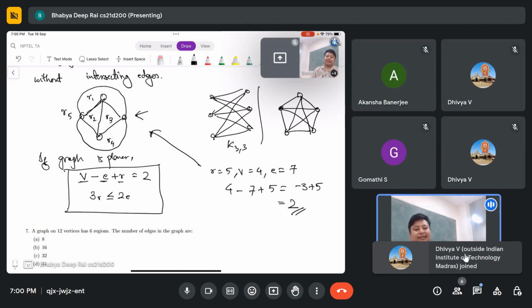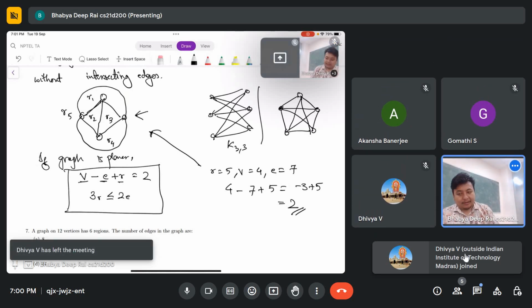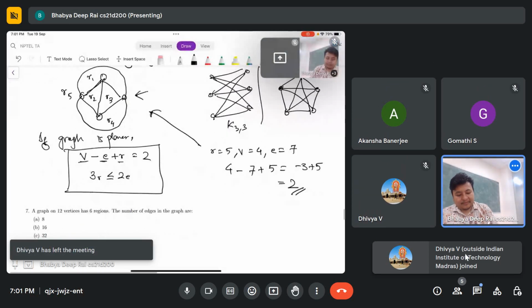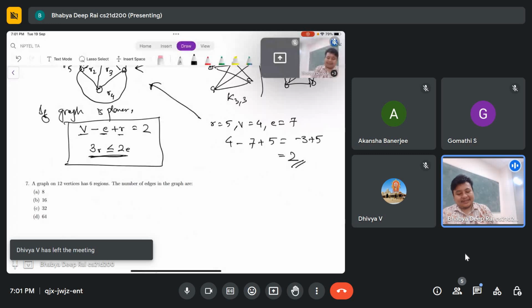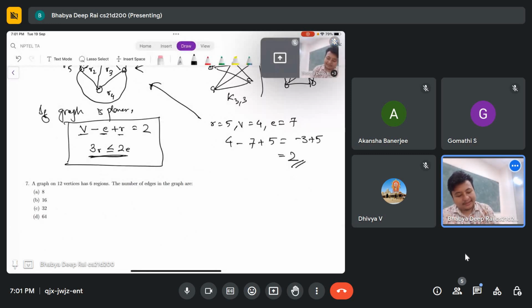So this property is satisfied. Okay. Now, this is another property that should be satisfied: 3 times R is less than or equal to 2E. So 3 times R in our case is 5, is at most 2E, that is 14. Oh, is there something wrong here? Yeah, it shouldn't be 2E, I think.